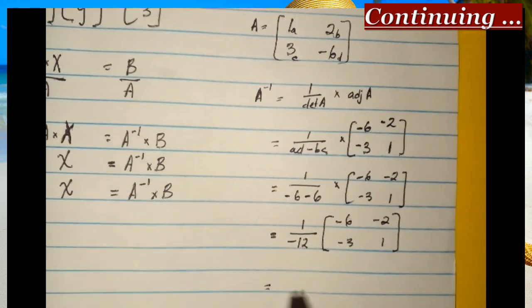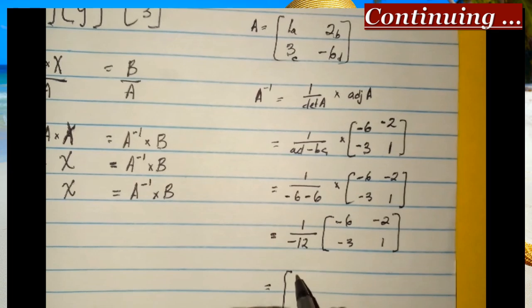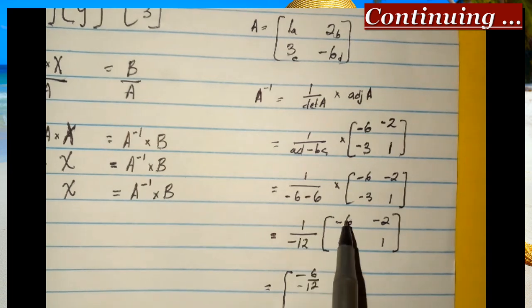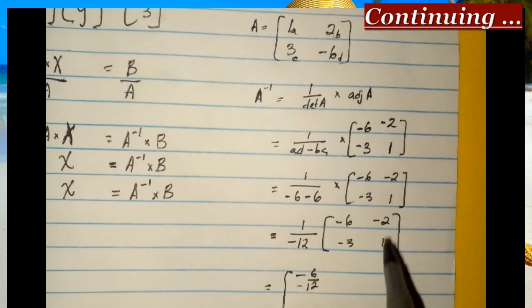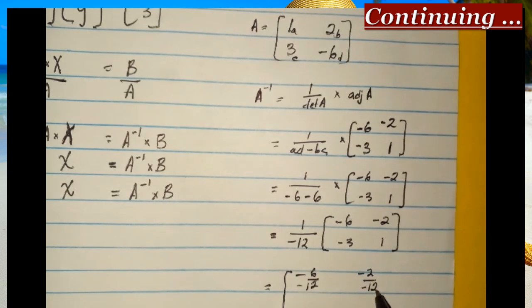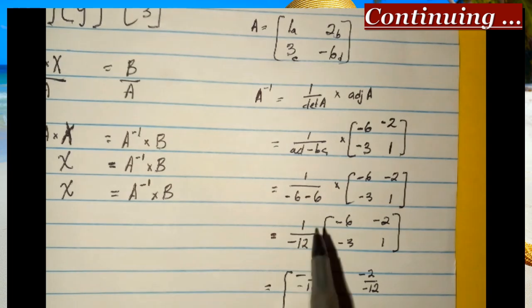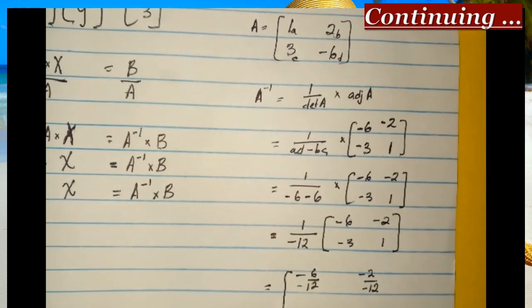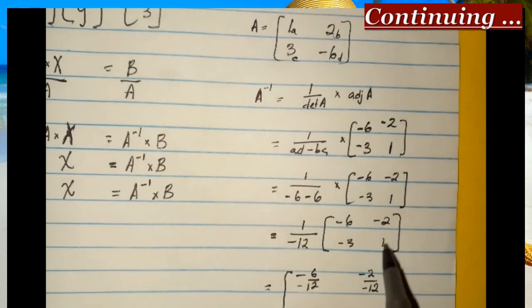So it simply becomes negative 6 over negative 12, because 1 times negative 6 is negative 6. And then you have negative 2 times 1 is negative 2, over negative 12. Negative 1 times minus 3 is minus 3 over minus 12. And then this is going to be 1 times 1 is 1 over minus 12.